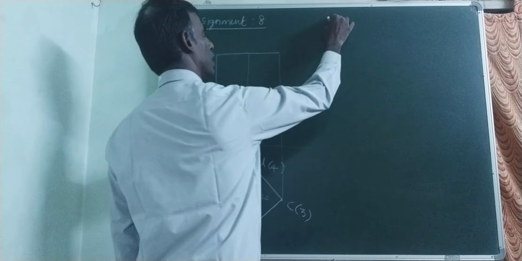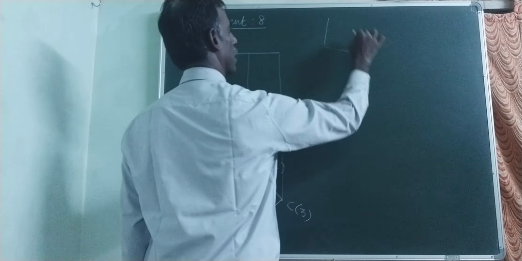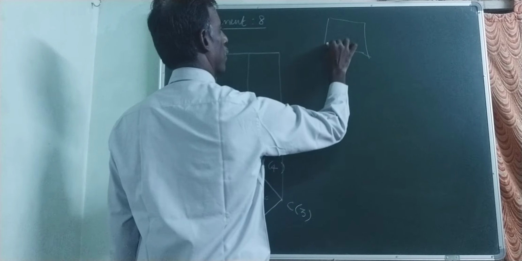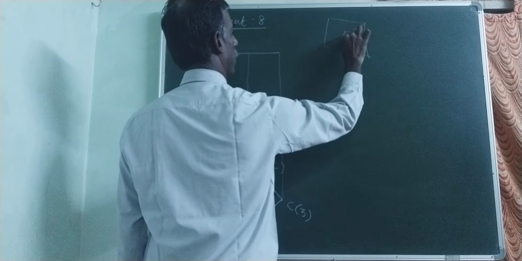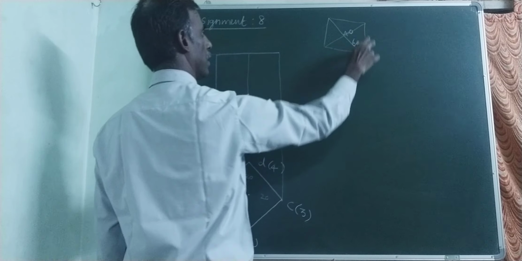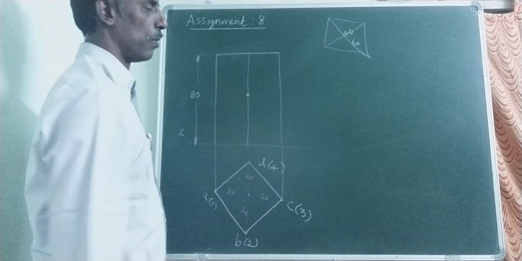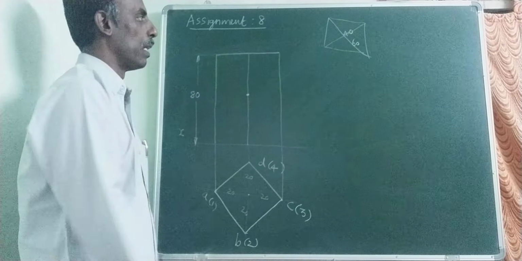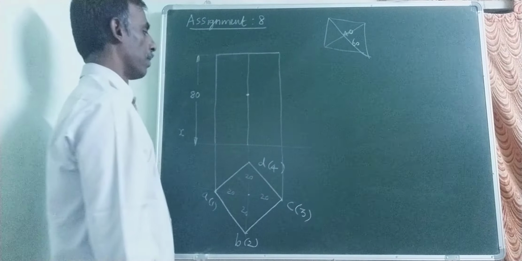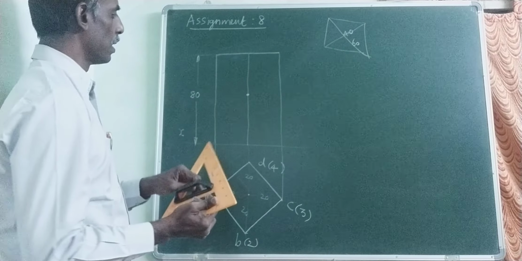So the rhombus true shape will be like this. This diagonal will be 40 and this diagonal will be 60 mm. True shape is a rhombus of diagonals 60 by 40. That's the condition given.